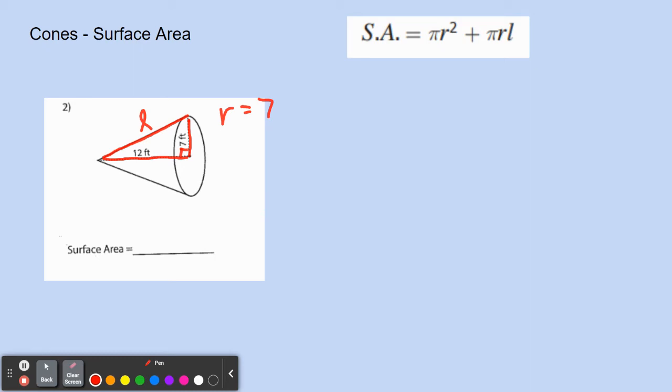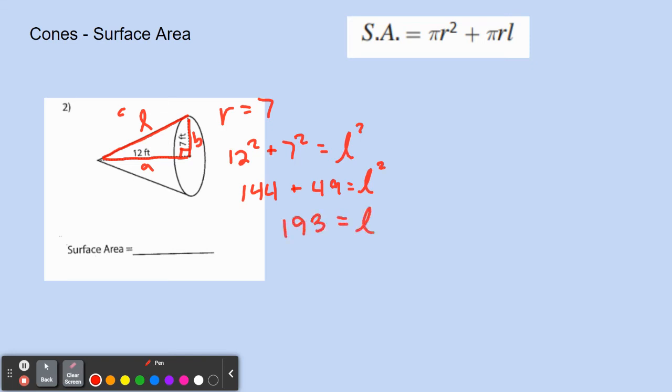So 7 and 12 are legs. We'll call those A and B. So 12 squared plus 7 squared is going to be equal to our L squared, or C squared. That's our hypotenuse there. 12 squared is 144. 7 squared is 49. 144 plus 49 is 193, which is equal to L squared.